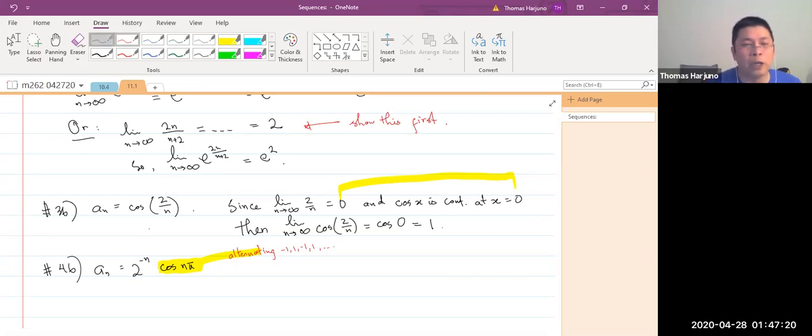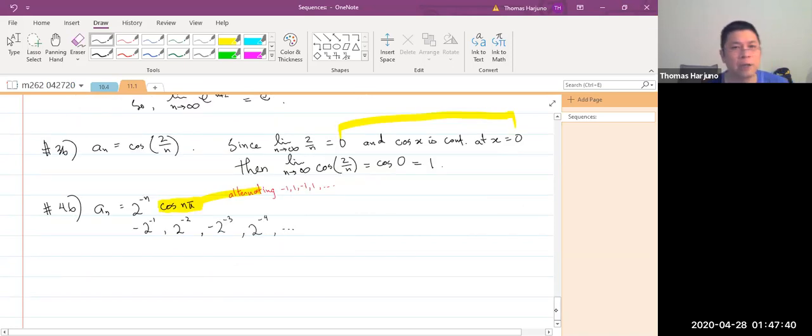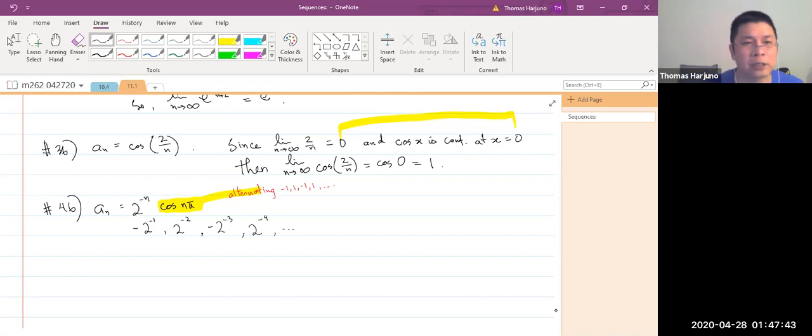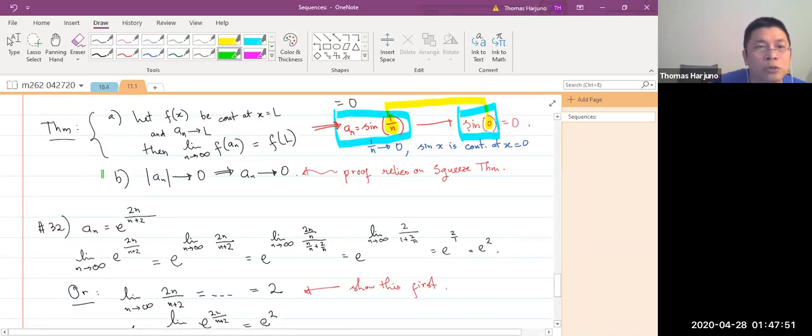So if we look at this sequence, you will get negative 2 to the power of negative 1, positive 2 to the power of negative 2, negative 2 to the power of negative 3, and so on. Actually it doesn't have to be perfectly alternating like this. What I want to show you is how to use this theorem here.